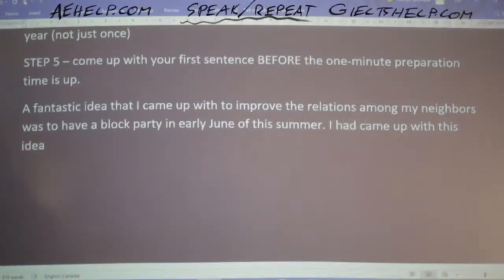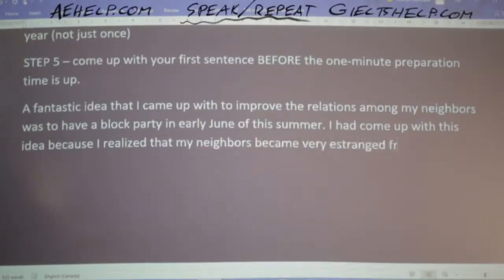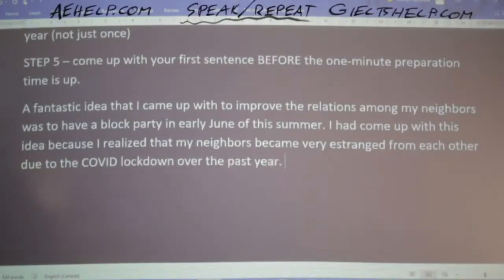I had come up with this idea because I realized that my neighbors became very estranged from each other due to the COVID lockdown over the past year.